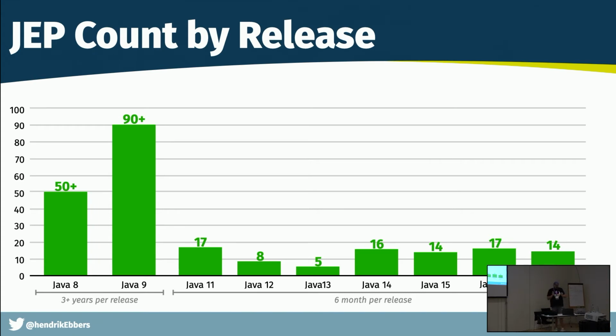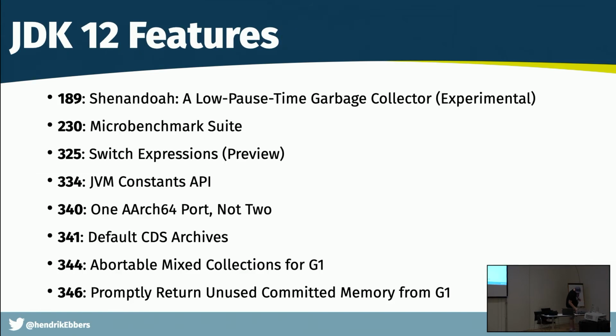So we have new language features, we have new APIs, and we have even new features that as a Java developer you normally won't see, like the migration to Git, or like supporting new architectures or operating systems. Let's have a look at some of them. I think it doesn't make sense to see the list of all the different features.